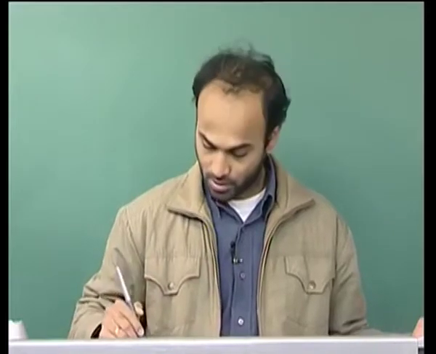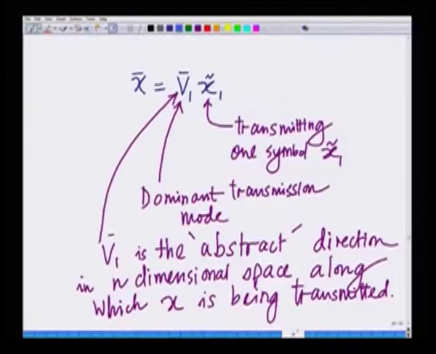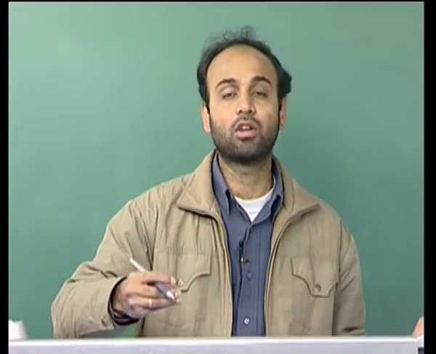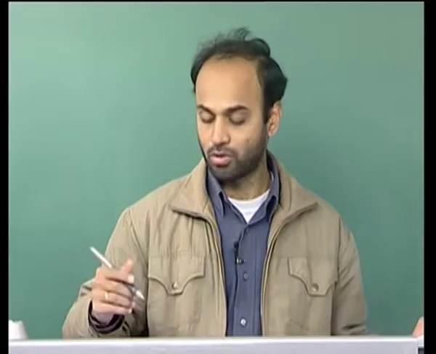For this purpose, the x bar vector can be formed as a beam in the direction of V1 bar, where V1 is the dominant right singular vector of the matrix H, employing a single transmitted symbol x1 tilde. The received SNR was sigma 1 squared P over sigma n squared. So, the gain of this channel is sigma 1 squared, which corresponds to the dominant singular mode of this MIMO channel.